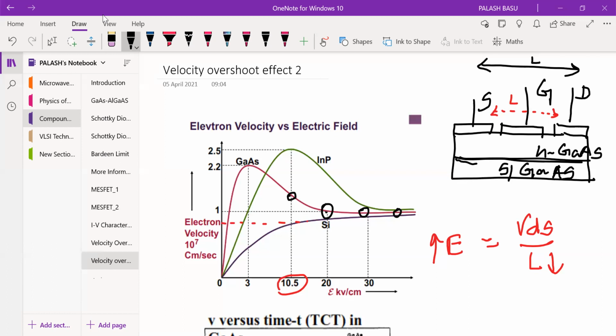But the problem is that if you reduce it, you are always in the saturation region, so you will not get a benefit at higher frequencies. Suppose after 300 gigahertz, whatever you try, you won't go more than that, right?